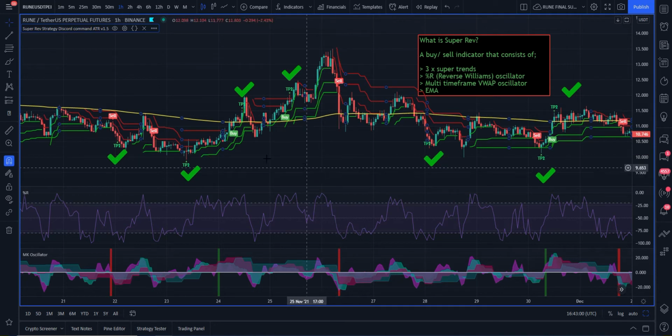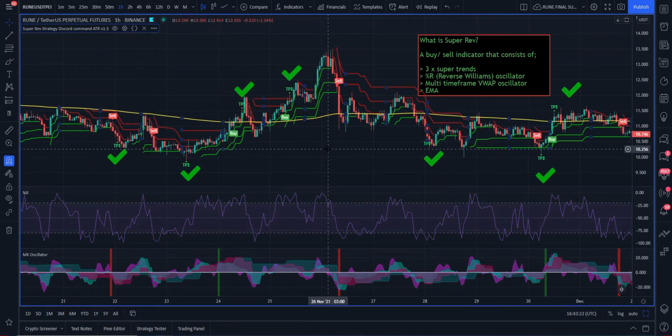So to recap, you'll only get a buy signal with Super Rev if, 1, at least 2 Supertrends have been broken, 2, the percent R is bullish or above -20, and the MK oscillator is also bullish, and price is above the EMA.